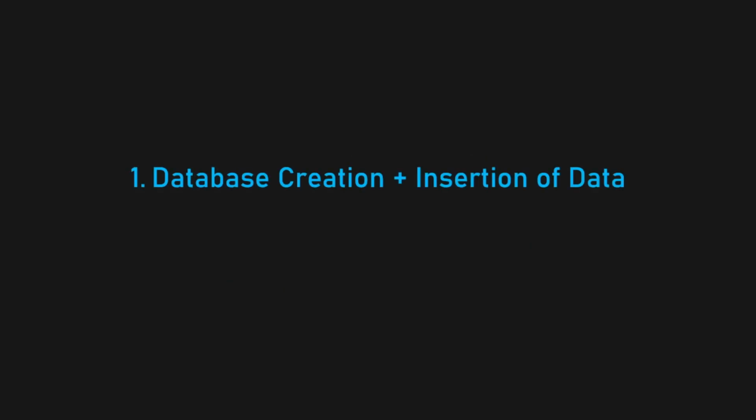Right, let's take an overview of the course, how it's going to be structured, and what you'll be learning from start to finish. Initially, you'll be learning how to create the database and how to insert the data. I've already designed the database structure, and I'll just be using SQL commands to create the actual database and insert the data. We then will focus on the customer aspect of the system, and finally the admin aspect of the system.